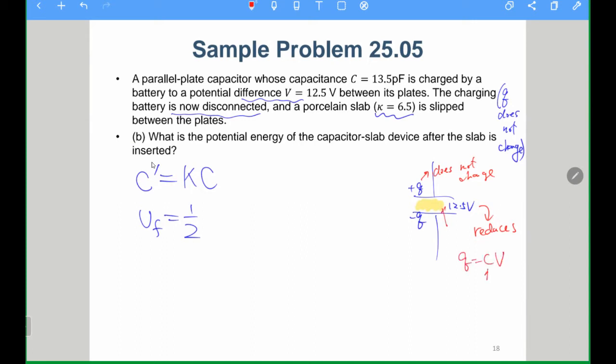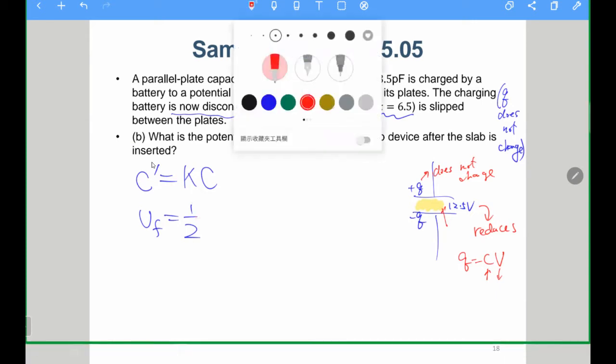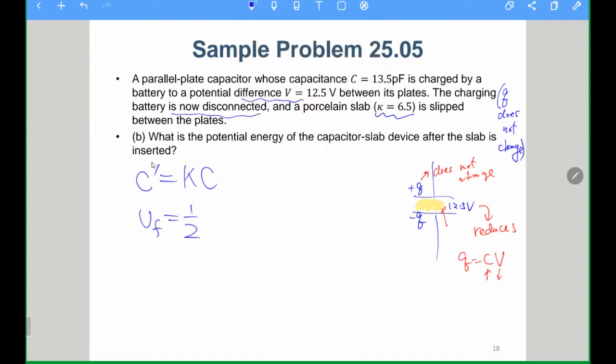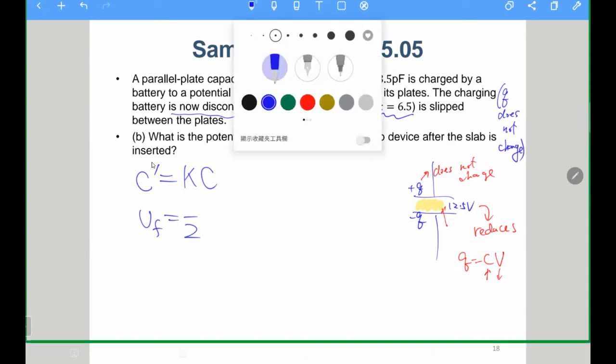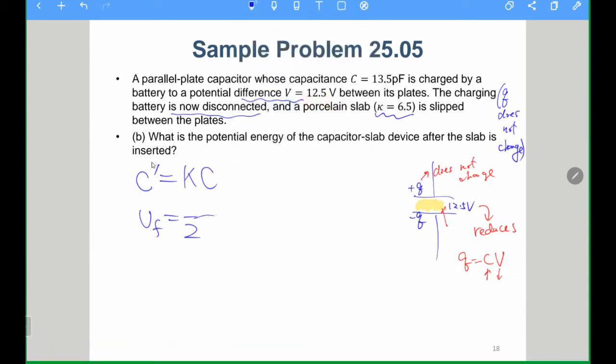So this becomes larger, this becomes smaller. In this sense, as much as we know, Q doesn't change, so we should use Q squared over 2C prime.